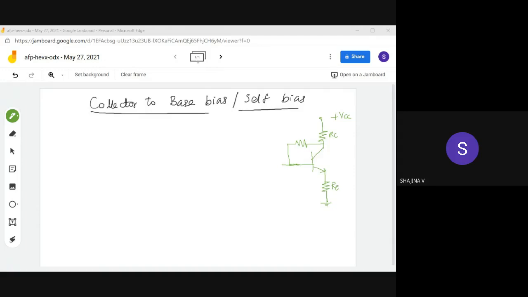So I can substitute the value of DIB by DIC from here, so that I can get 1 plus beta divided by 1 minus, there one more negative is there for DIB by DIC. So it is 1 plus beta into RC plus RE divided by RC plus RE plus RB.